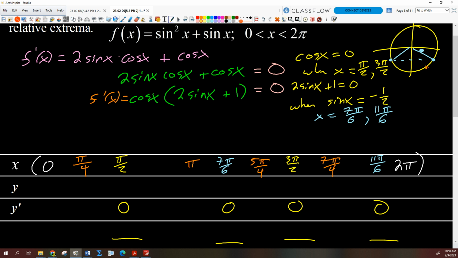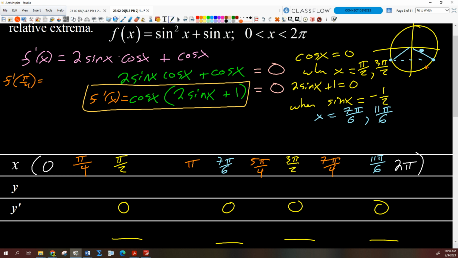F prime of x equals the factored form. Okay, and now we can evaluate each one of these pretty easily. So we'll evaluate the first test point, f prime of pi fourths. Well, what's that going to give us? The cosine of pi fourths is positive or negative?